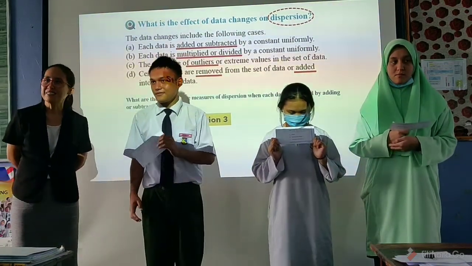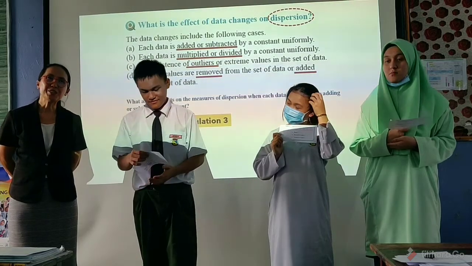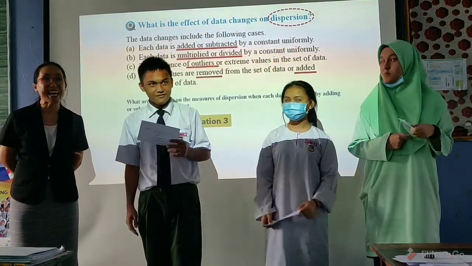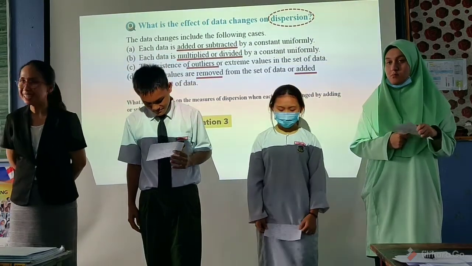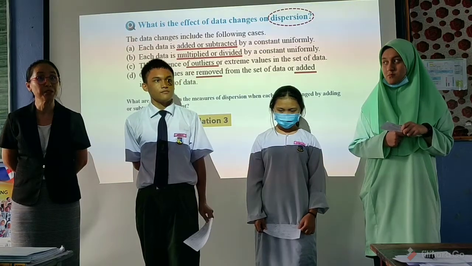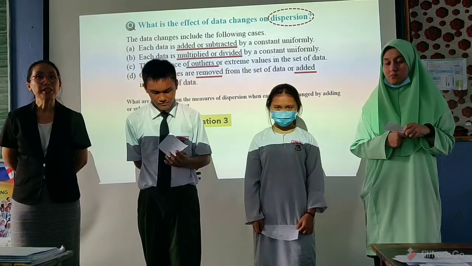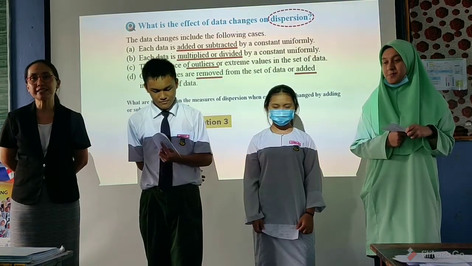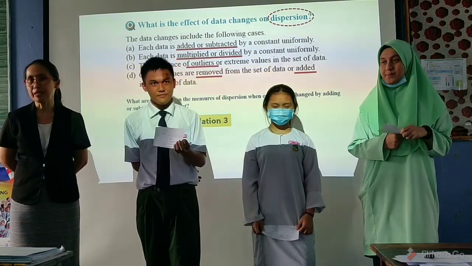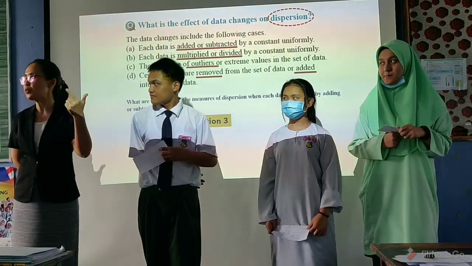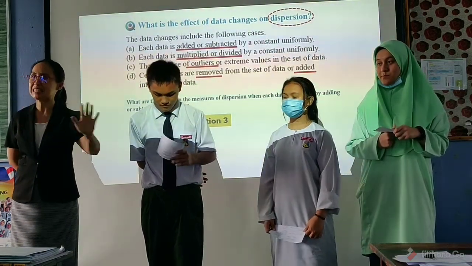So, are you surprised to see that even though you add or subtract with any number, it is the same number, it cannot be different. It must be a uniform number. What happened? It will be the same. The dispersion is still the same. That means the range, IQR, and also the standard deviation are still the same.